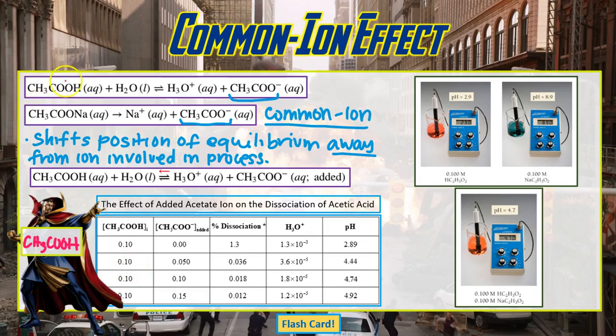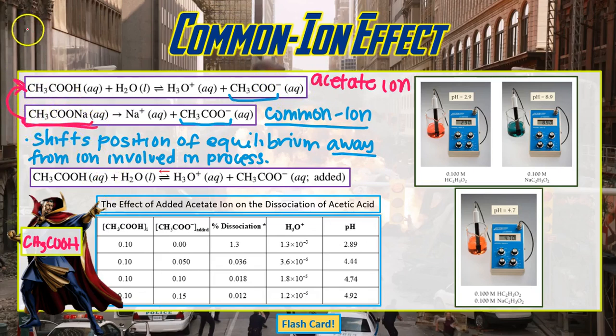We have our weak acid here, acetic acid, mixed with water to form H3O+ and the acetate ion. This is our acetate ion here, okay? So what happens if I then introduce more acetate ion by adding the soluble salt, sodium acetate, to my overall reaction?